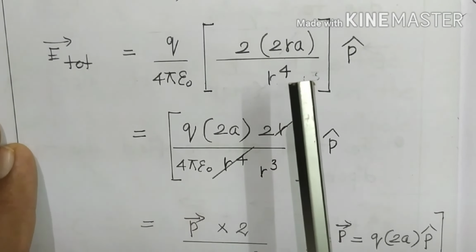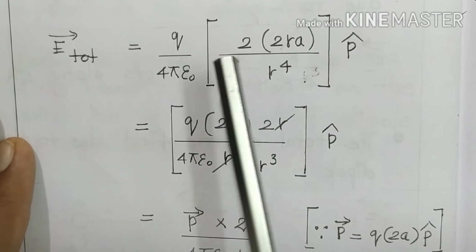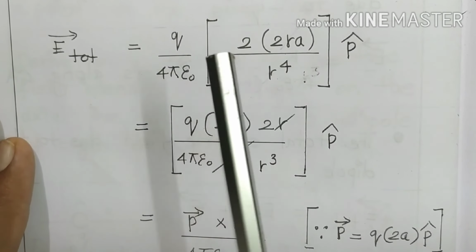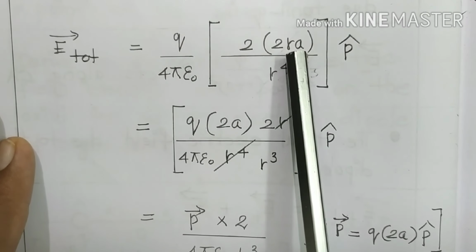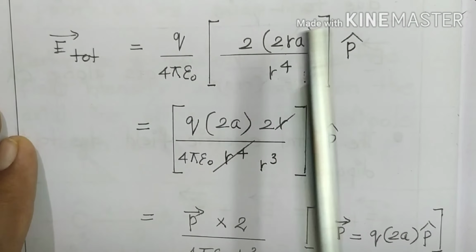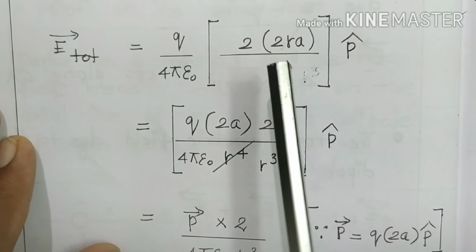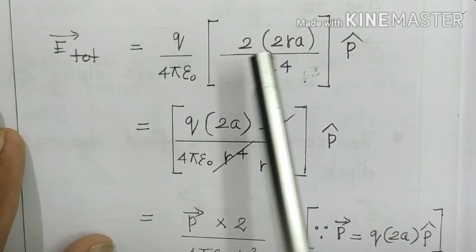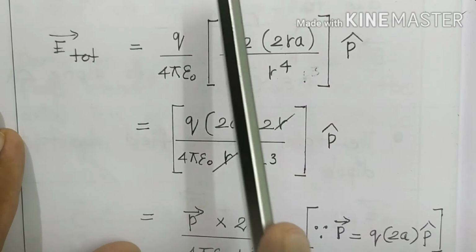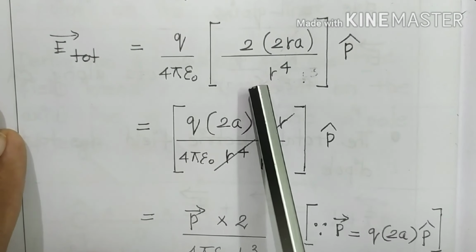So in the next step, E total is equal to Q by 4 pi epsilon naught. And also what we are doing here is splitting that 4RA as 2 into 2RA, divided by R to the power of 4. Why have we got it like this? Because that A squared we have dropped, as it is very small in comparison with R. So have you got this?